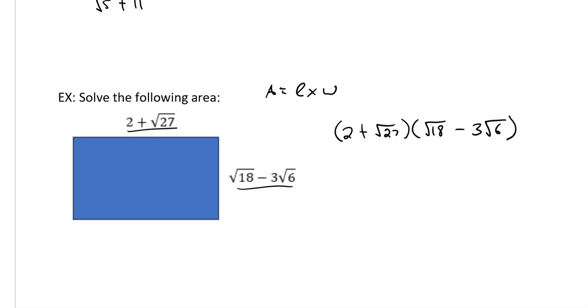Okay. So before we get going, I can actually make these numbers a little bit nicer to work with. This 27, this 18. I recognize that 9 goes into both those numbers, so I can take things out. It'll just make it nicer to do my multiplication with. So I'm going to write this again, but I'm going to rewrite the 27 as 9 times 3, and I'm going to rewrite the 18 as 9 times 2.